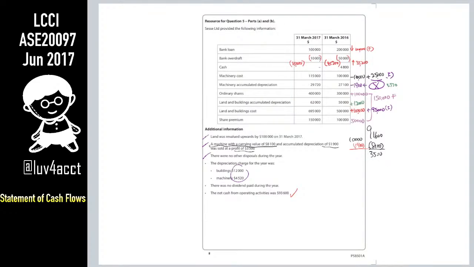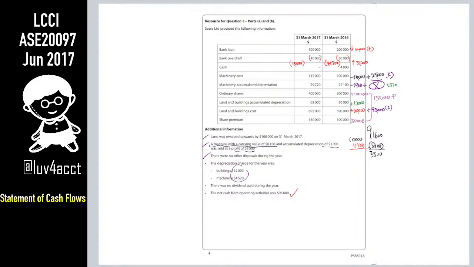So let's look at the original information first. We have a repayment of bank loan of 100,000. You still can repay. But this time, as at year end we have an overdraft of 10,000.